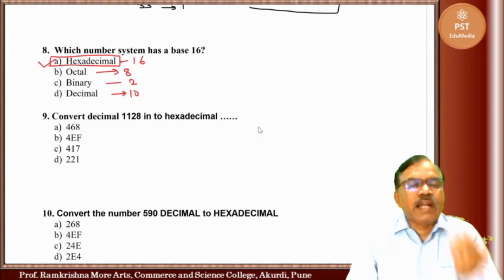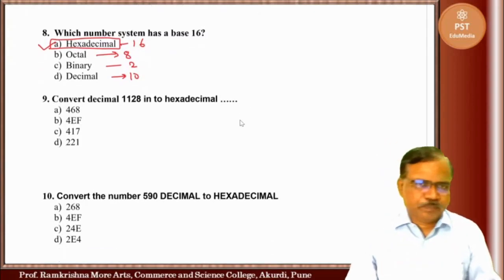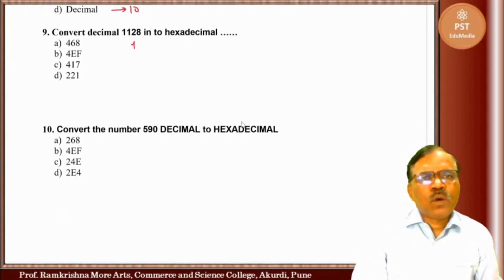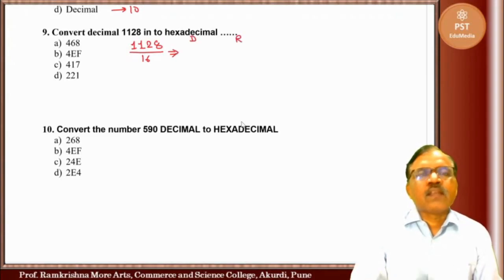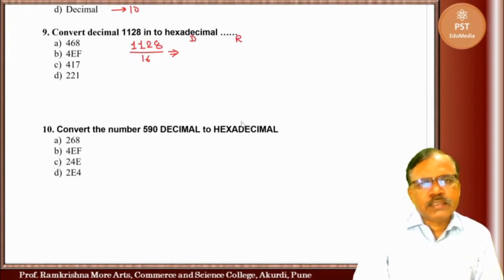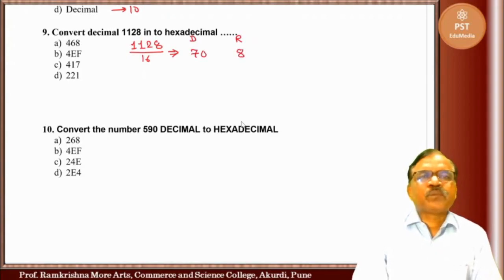Here we have to divide by 16 and take the remainder. So we have 1128, divide it by 16. 1128 divided by 16, you will get 70, remainder is 8.